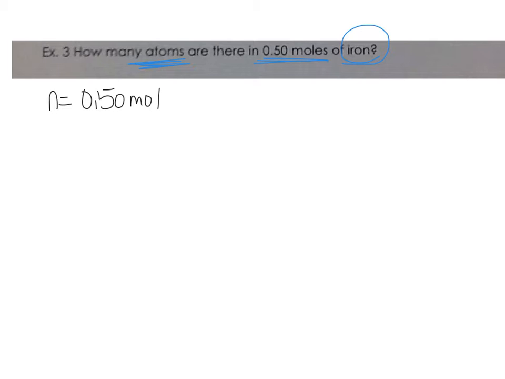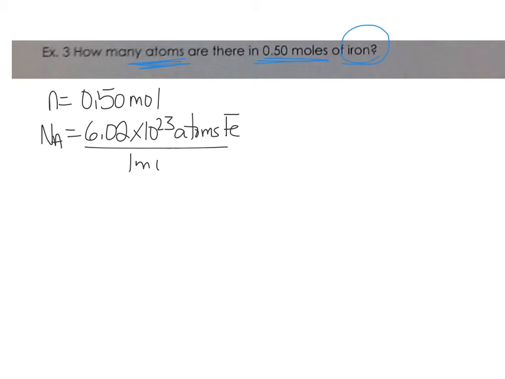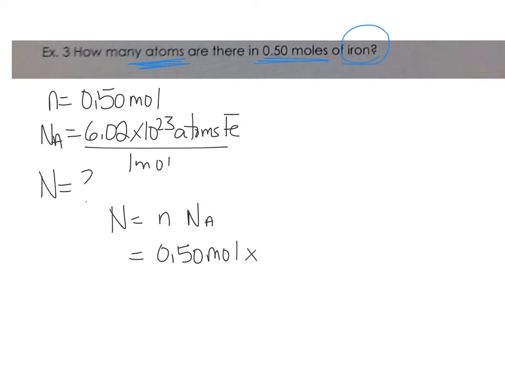We're dealing with iron, which is an element. So what are the particles? Atoms, thank you. So we've got atoms of iron for 1 mole. What is N? Of course, they're all N, but what's big N? So, big N is equal to small n times Na, 0.50 mole times Avogadro's number.